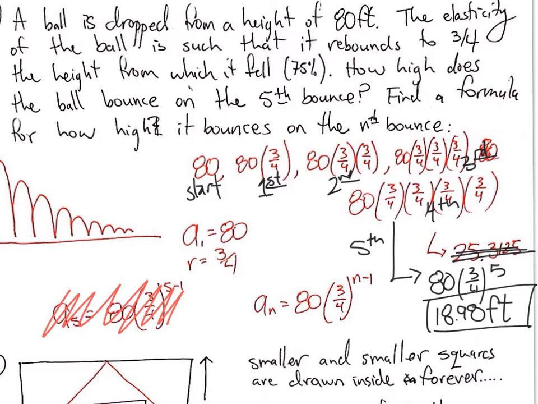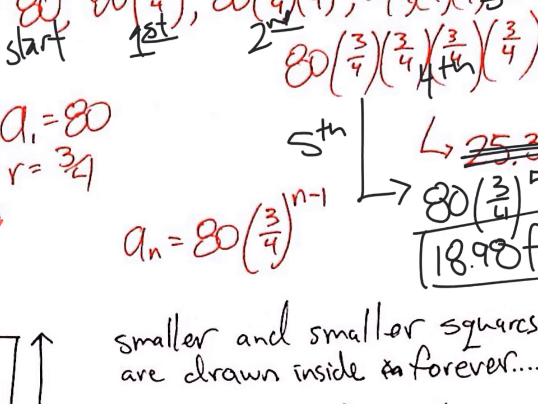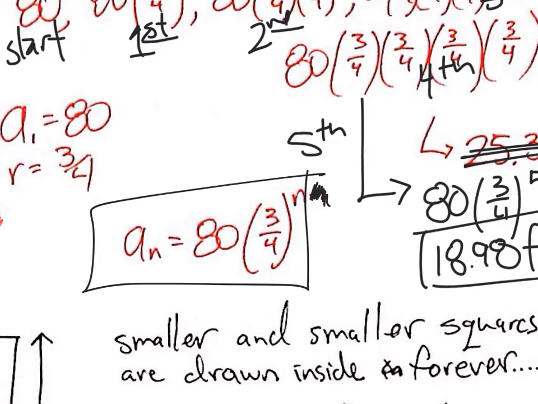A general formula, you see how for the fifth bounce we have 80 times 3/4 to the fifth, and for the fourth bounce 80 times 3/4 to the fourth, etc. So this is good, except that because that 80 is not actually the first bounce, if we were to cross this out, that would be a formula for the height of the nth bounce.